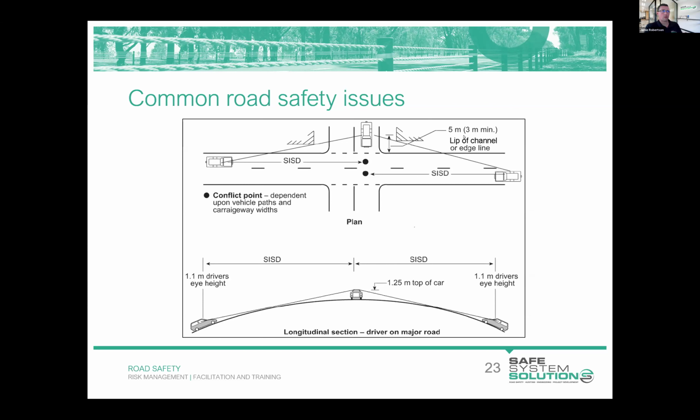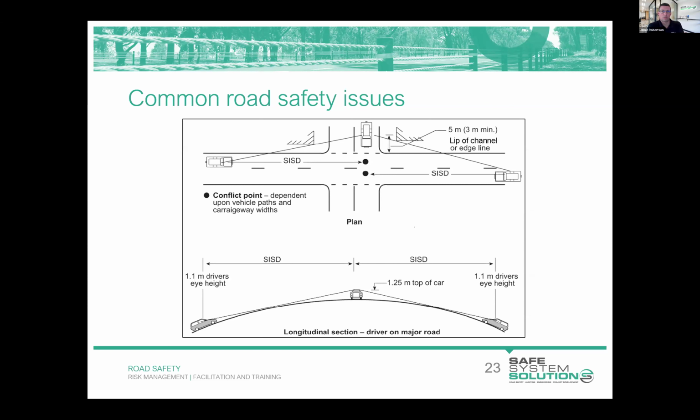This diagram also does point out an important point, which is to always consult your state supplements to the Austroads guides, if they have one, because those documents take precedence over the Austroads guide.